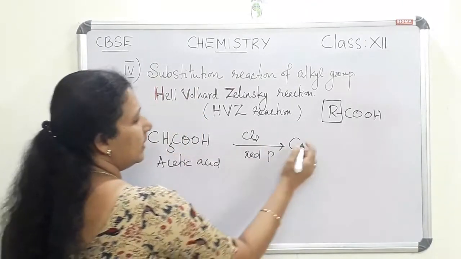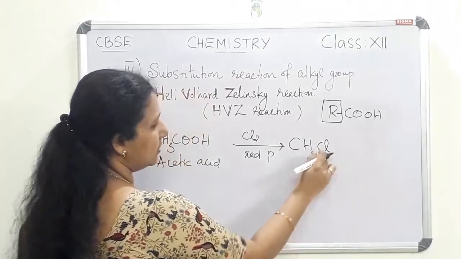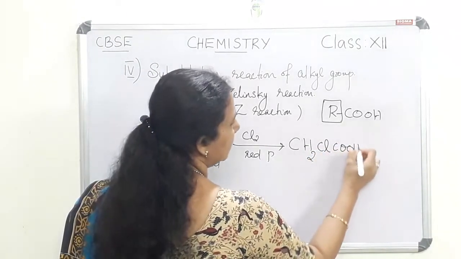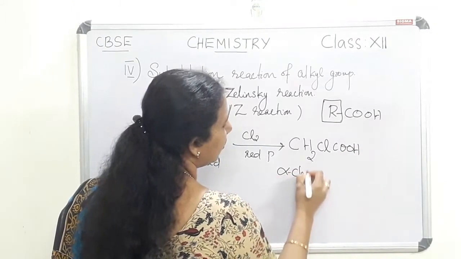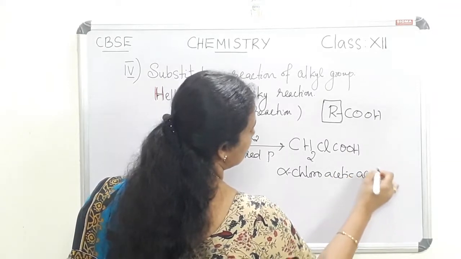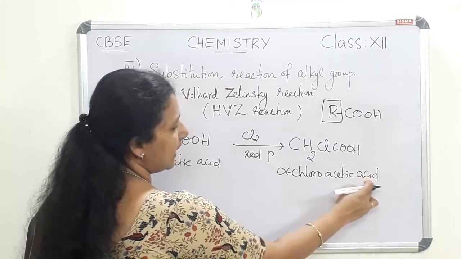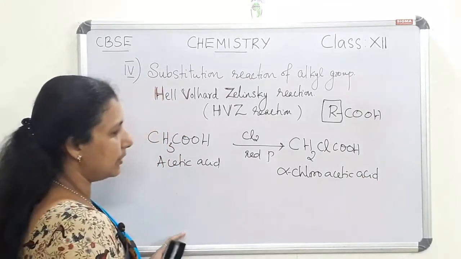That means one hydrogen is replaced and one chlorine is substituted, and we will be getting alpha chloroacetic acid. So this is the first product. Alpha chloroacetic acid, or alpha halo acid, is produced.